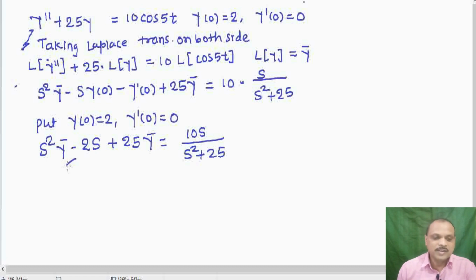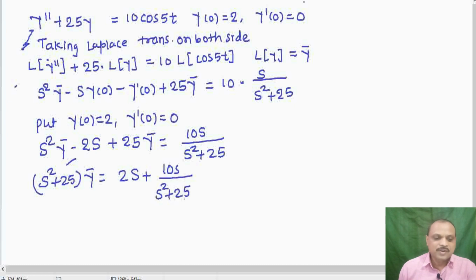Therefore we have s square plus 25 times y bar equal to 2s plus 10s divided by s square plus 25. Now y bar equal to 2s divided by s square plus 25 plus 10s divided by s square plus 25 whole square.